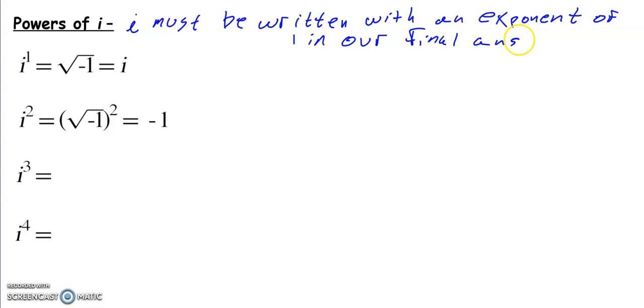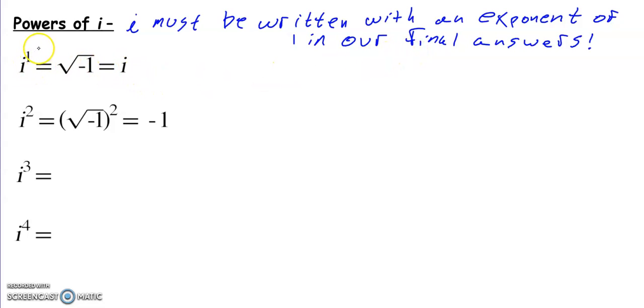We can work with powers of i, but i must be written with an exponent of 1 in our final answers. My final answers can contain i, but they can't contain i squared, i cubed, i to the 4th, i to the 5th. No exponents except for 1. So i will always be written with an exponent of 1 in our final answers.